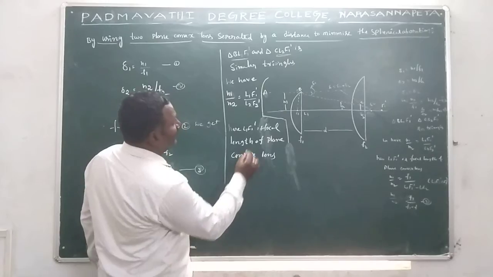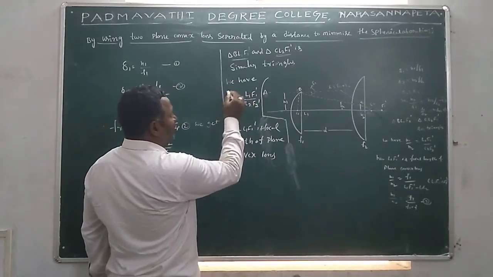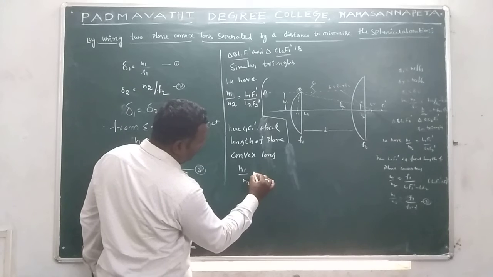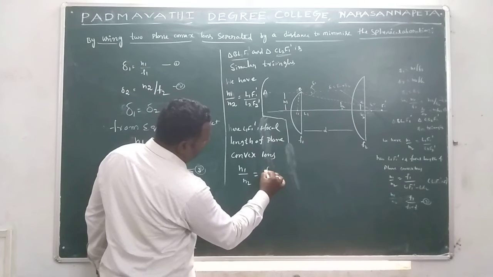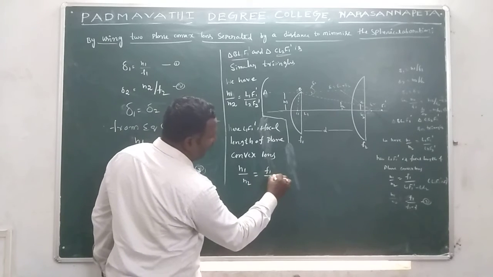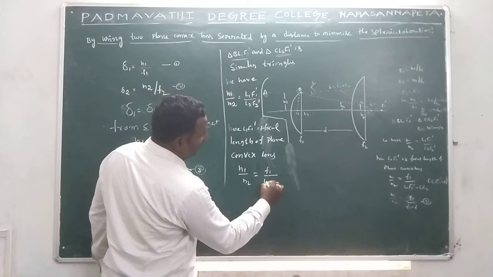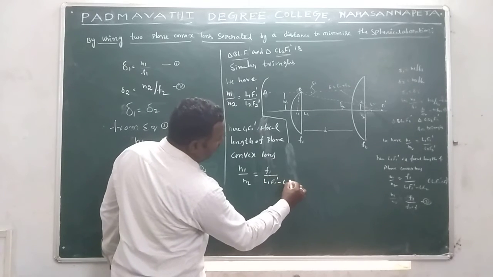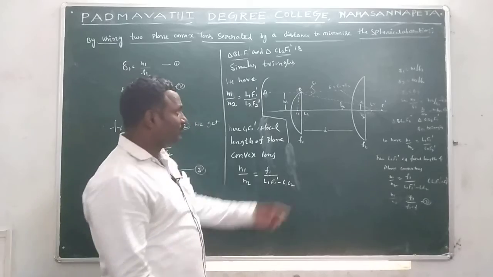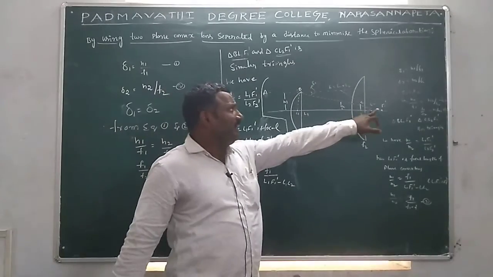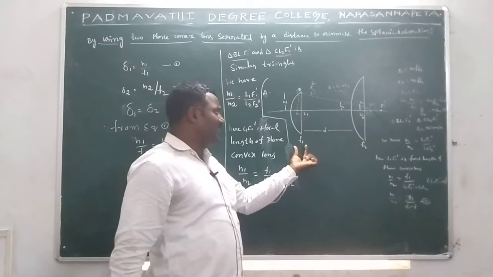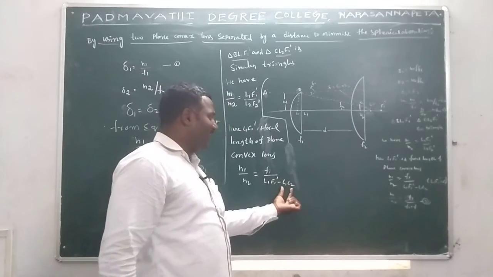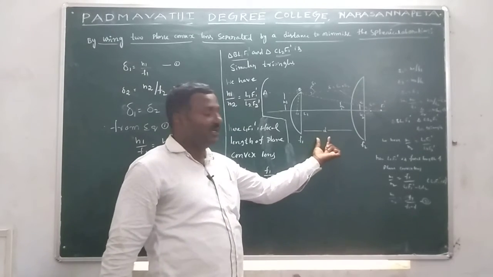Therefore the above equation can be written as H1 by H2 is equal to F1 by L1 F1 dash minus L1 L2. That means L1 F1 dash is the difference between F1 and the distance between the lenses, that is L1 and L2, the distance, which is said to be small d.